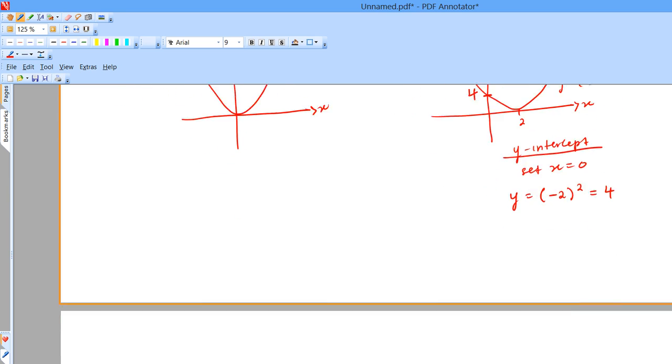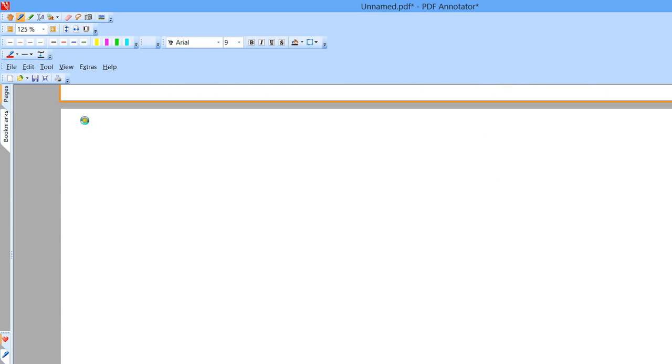Okay, next, graph number 3. I want to sketch y equal to negative (x minus 2) square. For this function, actually we multiply this function by negative 1. So the graph will reflect at the x axis.